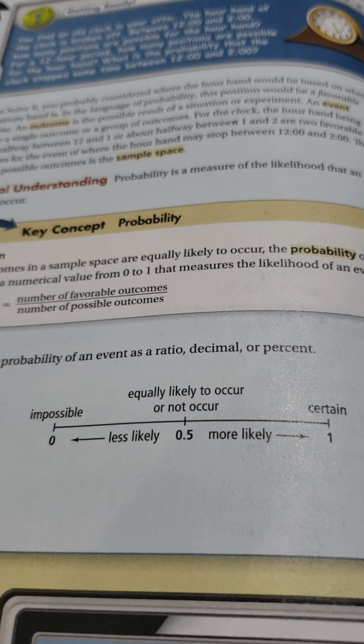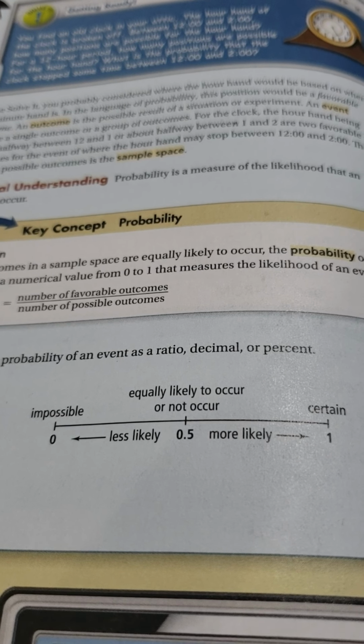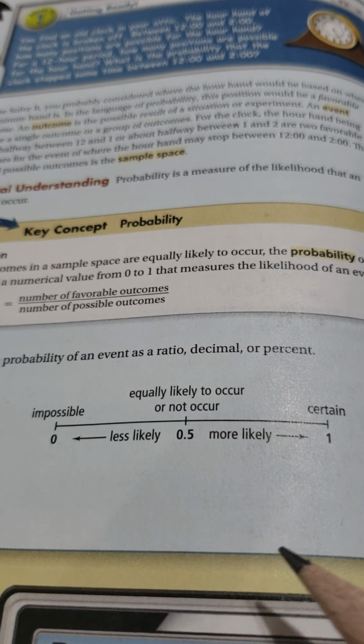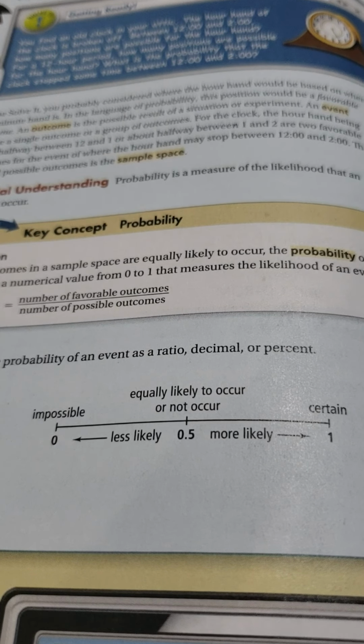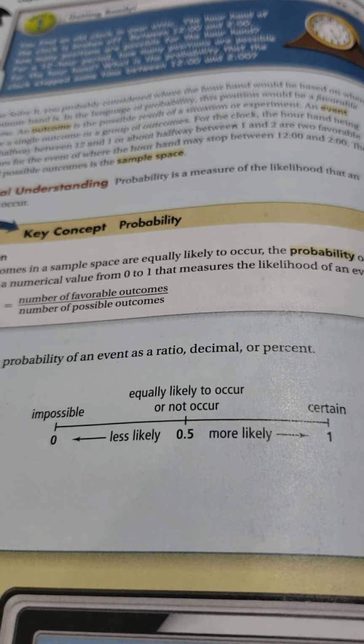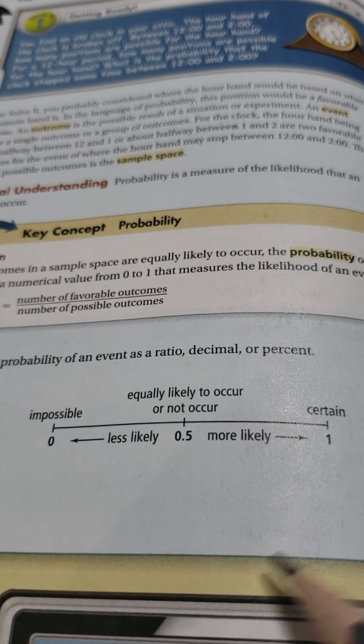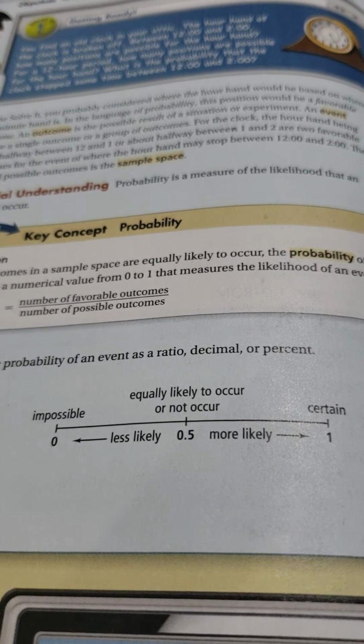That is less likely. But if we are asking, for example, the chance to have a multiple of 2, that is 2, 4, and 6, it will be 0.5 because it will be 3 out of 6.